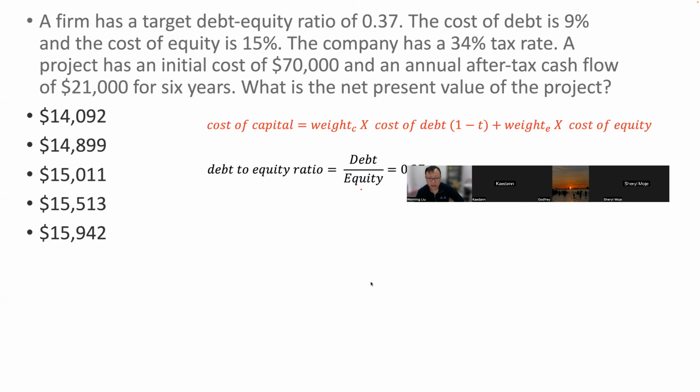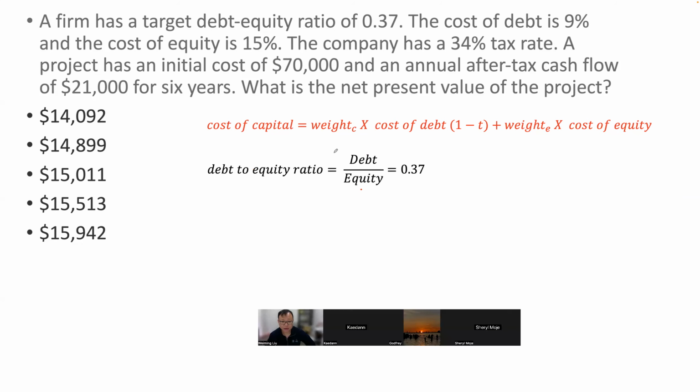Now we are trying to figure out the weights first. What is the weight of debt? When you think about the weight of debt, you are asking what is the debt versus total asset.